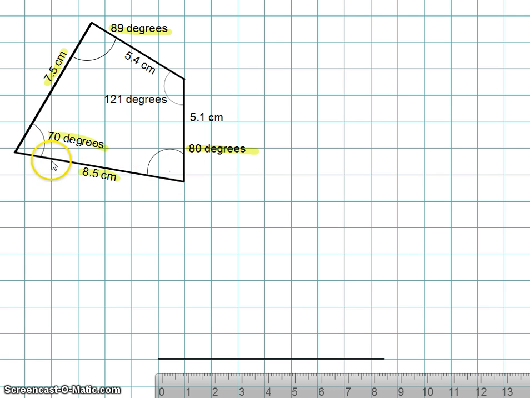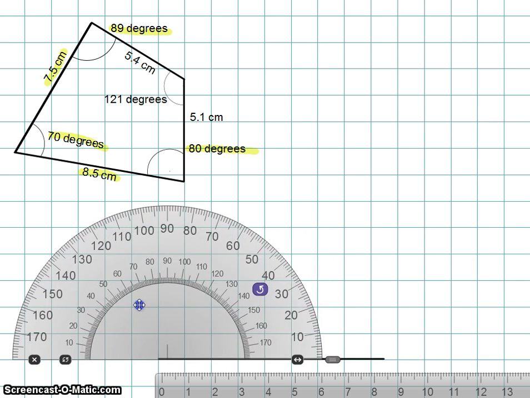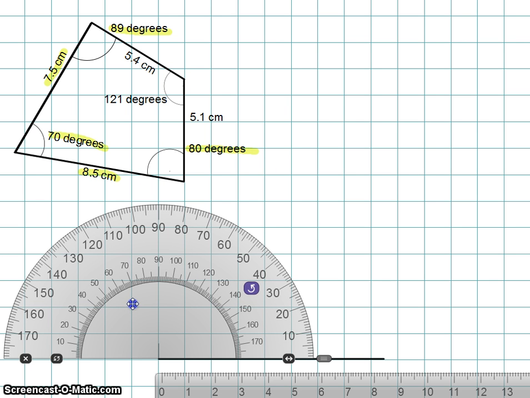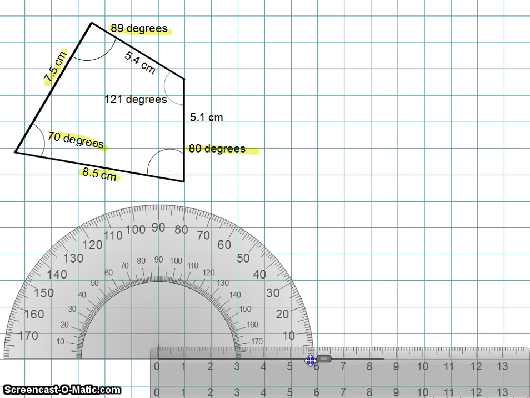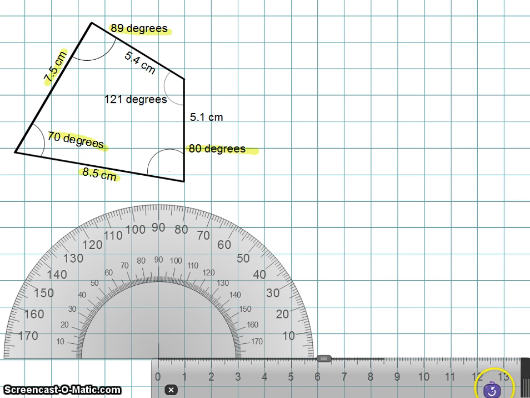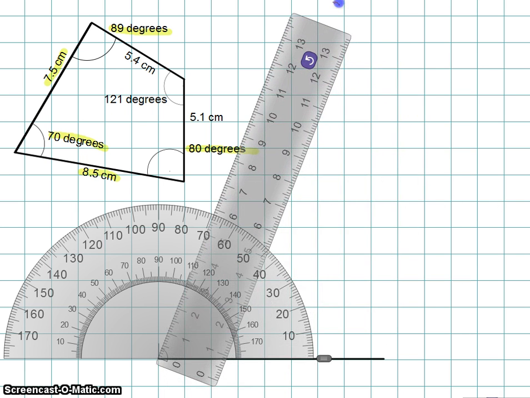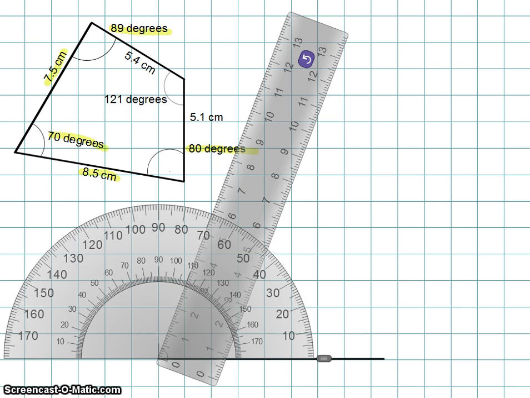Next, I'm going to use a protractor to create that 70-degree angle, which is made also with that line there, which is 7.5 centimeters long. So I'm going to get out a protractor, set my protractor right there, and then I'm going to get my ruler and position it at an angle which is 70 degrees, so like that.